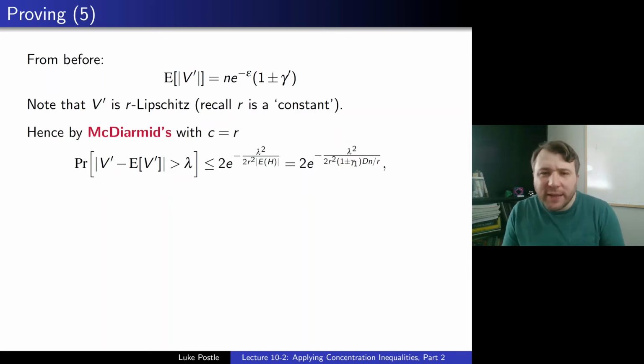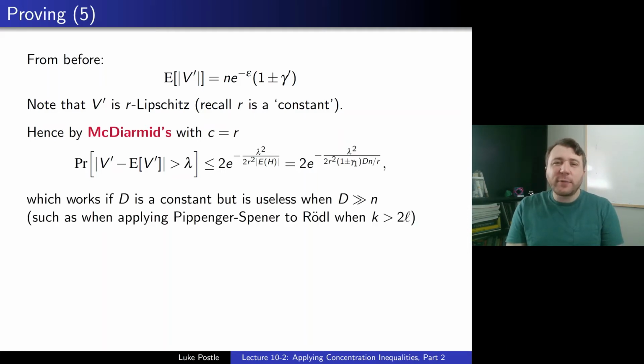So you might think that we're done, that we're happy now with this 5. There is an issue though. This would work if d is something like a constant, but is useless when d is much, much larger than n, right? So the number of vertices V prime is certainly going to be at most n. Ideally, we want to concentrate it then in some linear amount, or maybe even better, square root n, but that won't quite work if d is too large.